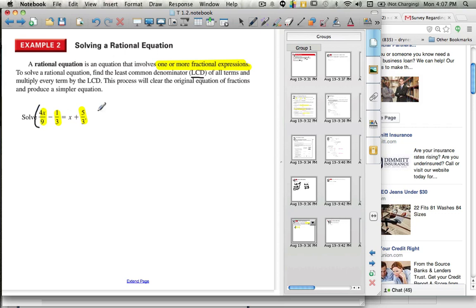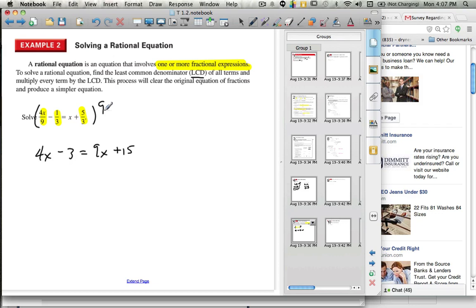So if I multiply everything in here by 9, when I multiply 4x divided by 9, I just get 4x. When I multiply 1/3 by 9, I'm going to get 3. When I multiply x by 9, I'll get 9x. And when I multiply 9 by 5/3, I'm going to get 15.